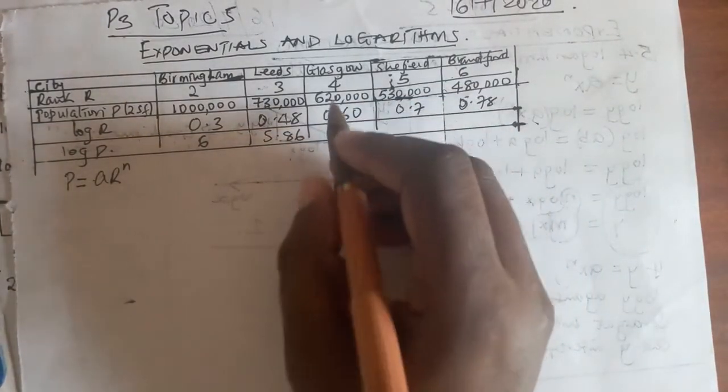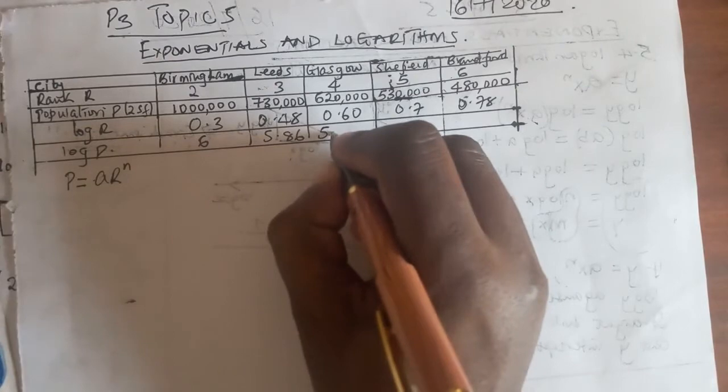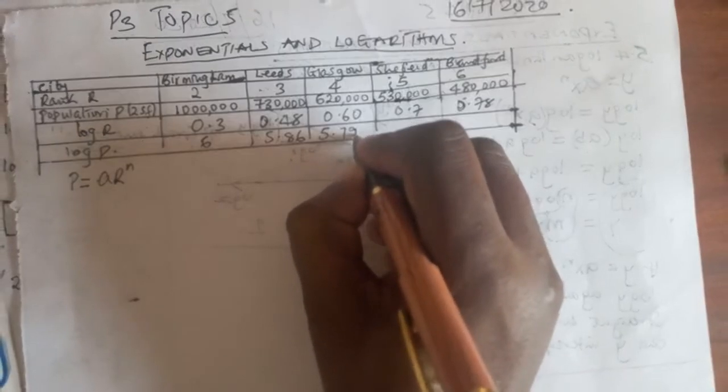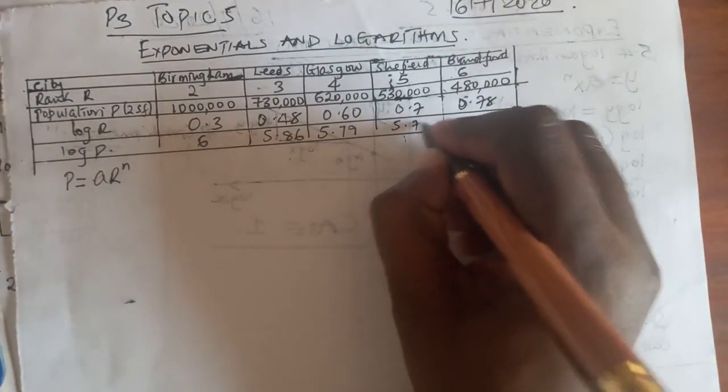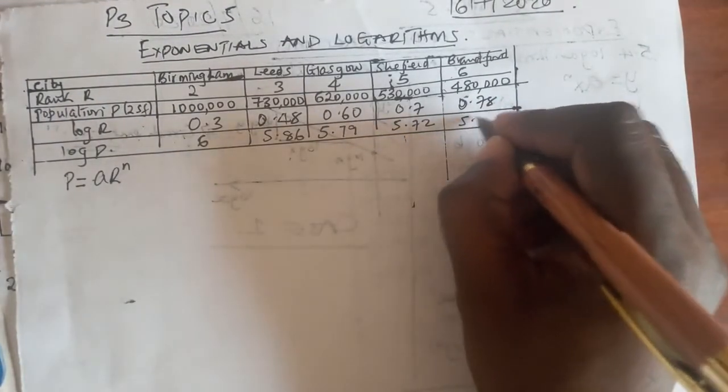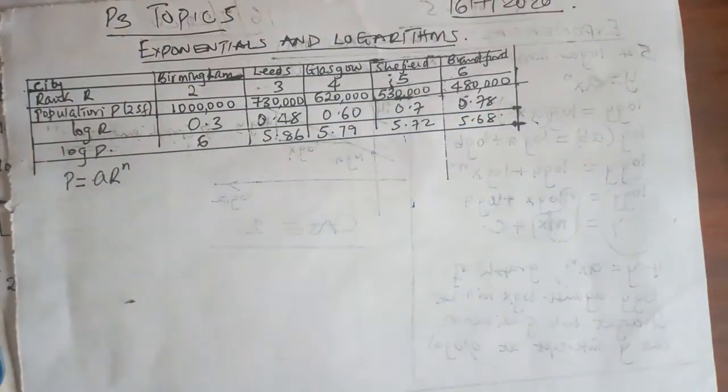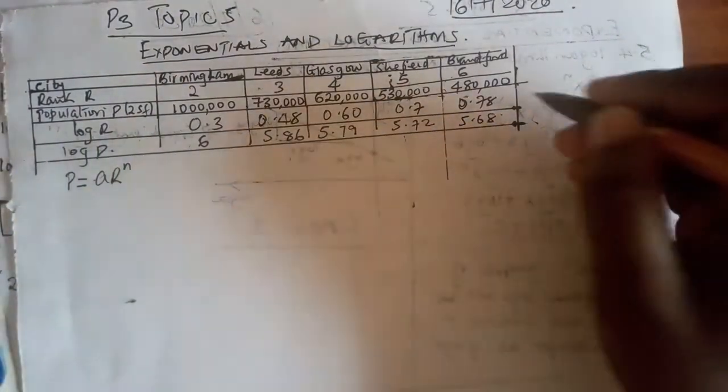The other one follows: the log of 620,000 is 5.79. The other ones are 5.72 and 5.68. That is part A, and we have just fulfilled that task.